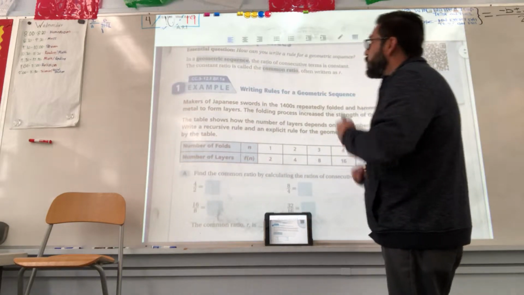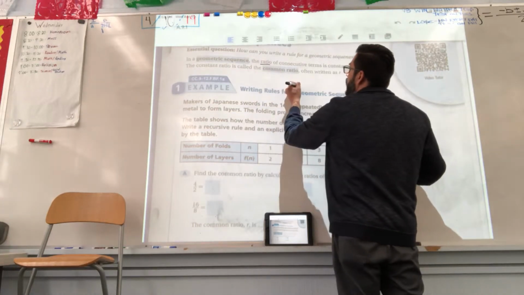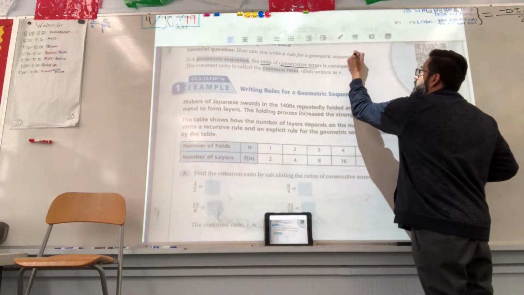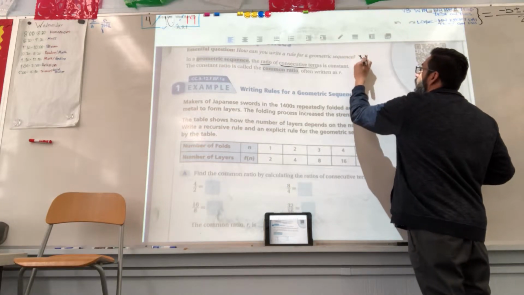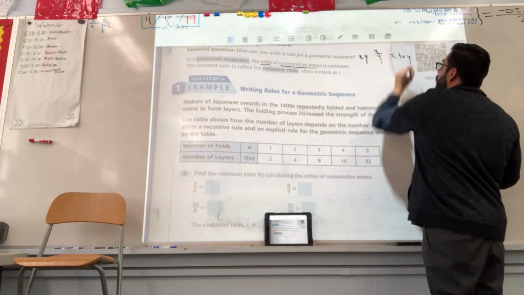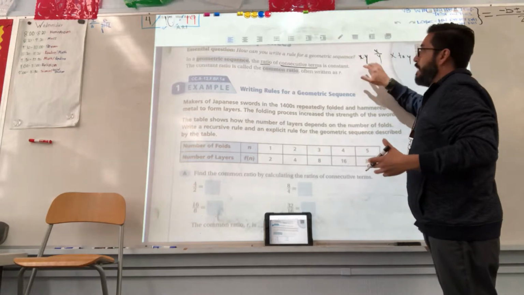Well, really quickly, a geometric sequence is just a ratio of consecutive terms, okay? And ratios we usually write as x to y. For every x, there's that many y's.